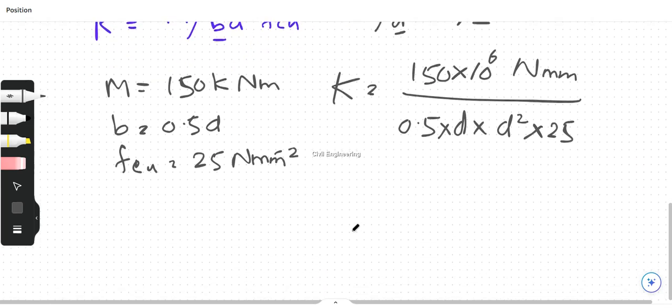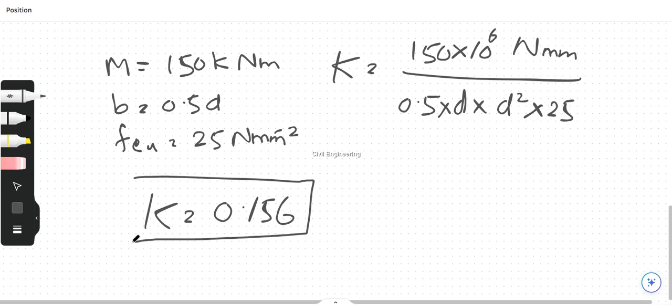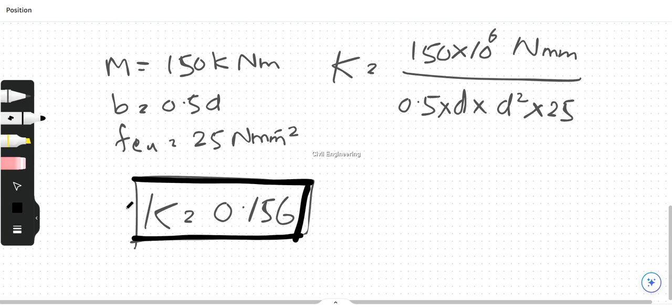First we have to check with K equals 0.156. This is the limitation, or the margin of K value to be a single reinforced section.